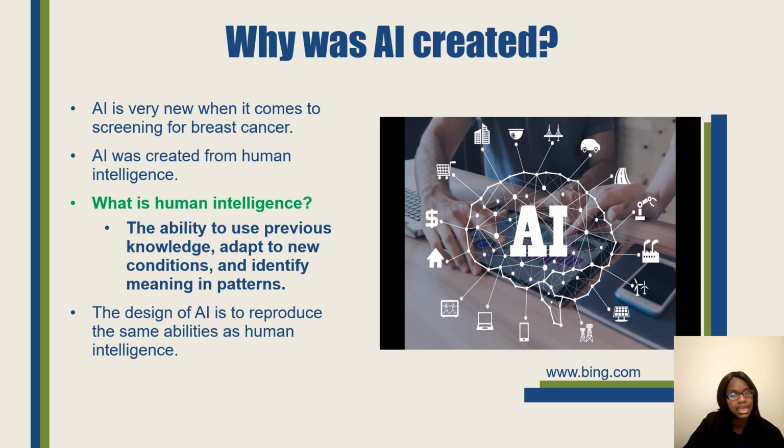Why was it created? AI, especially when it comes to breast cancer, is very new, and it was created from human intelligence. If you don't know what human intelligence is, it's the ability to use previous knowledge to adapt to new conditions and to identify meaning and patterns.